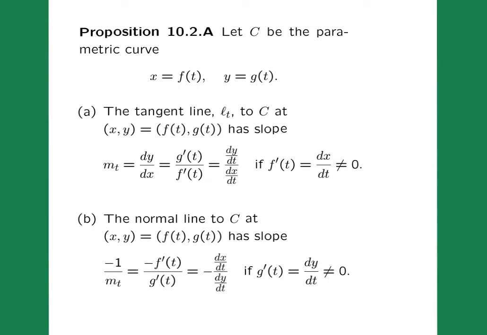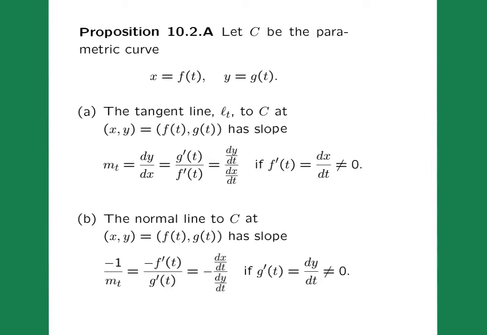So we have g prime of t, the derivative of y with respect to t, divided by f prime of t. What's f prime of t? That's the derivative of x with respect to t. So in Leibniz notation, m sub t, the slope of the tangent line to our parametric curve at t, is going to be dy dx evaluated at this point. That's going to be dy dt over dx dt.